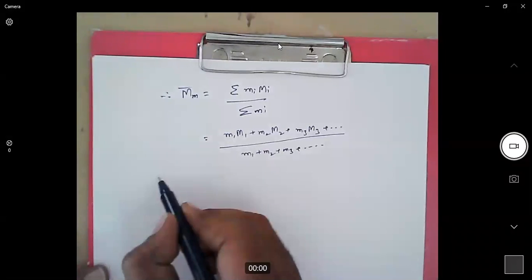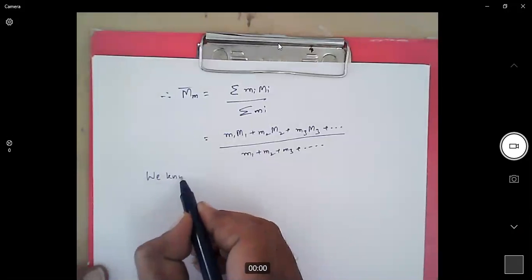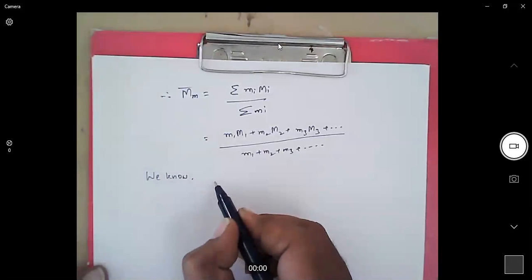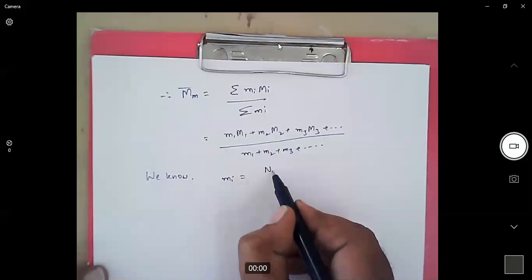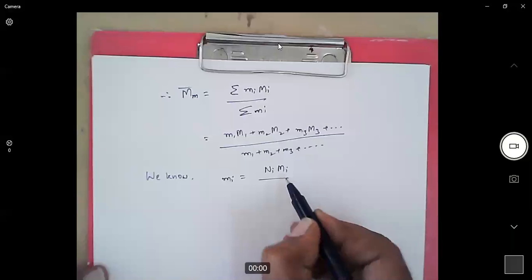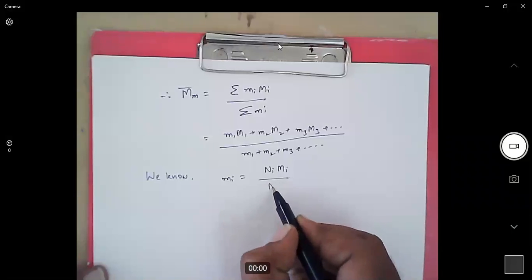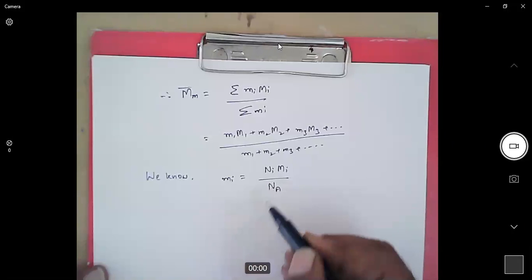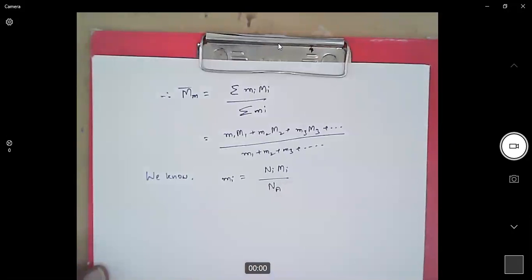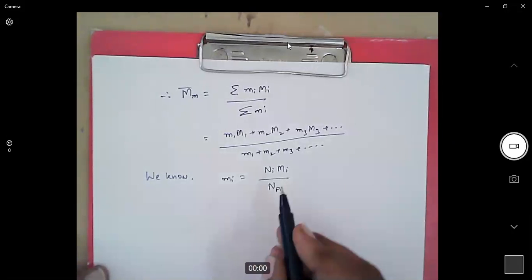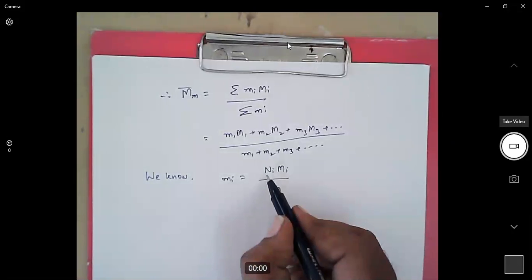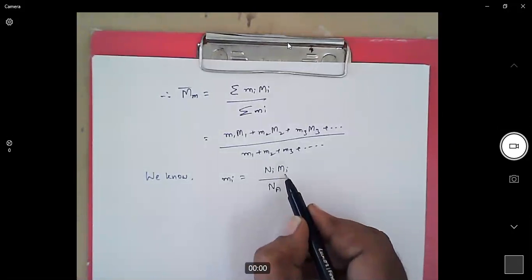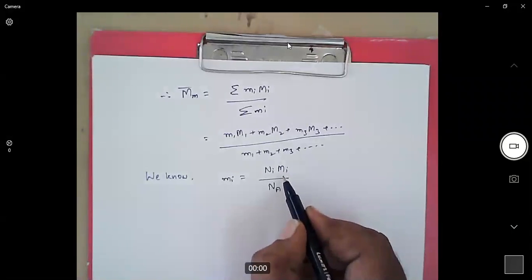Now, we know mi is equal to Ni Mi by N_A total. What is this? Mass of a polymer is nothing but number of monomers multiplied by their molecular weight.